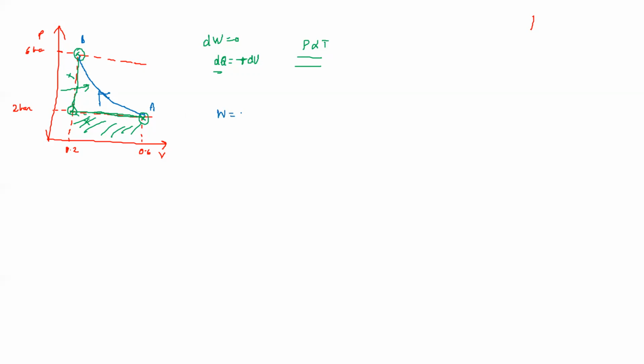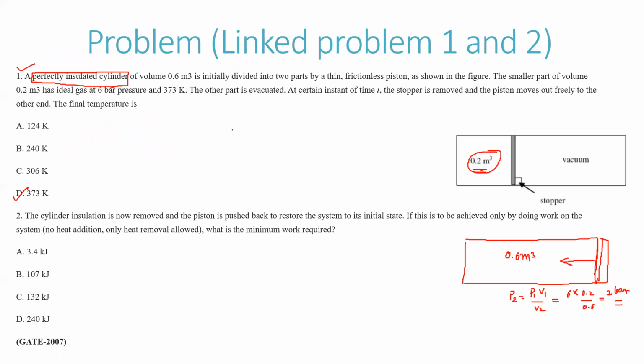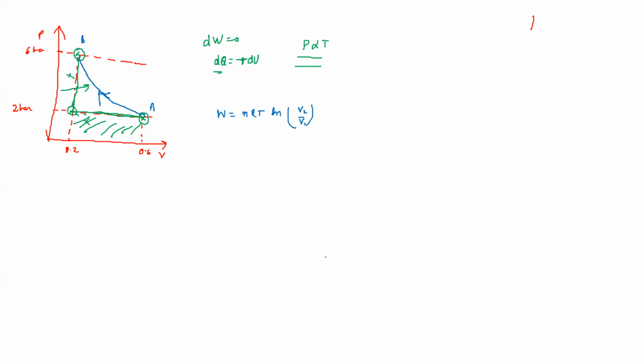Work done in an isothermal process is equal to nRT ln V2 by V1. Over here, you don't have to calculate the sign. You're only interested in the magnitude because they've already given that work is done on the system. So sign has no value in this problem. We only have to calculate the magnitude.